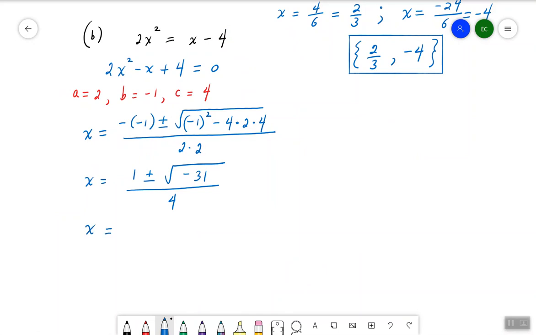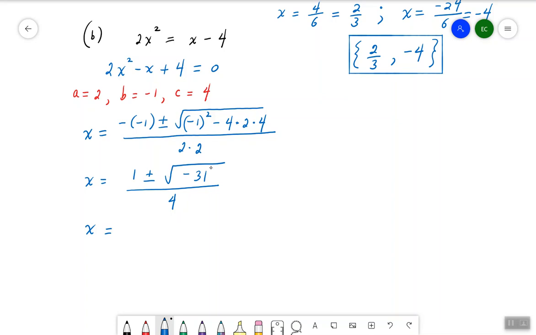And this is an interesting moment because now we have the square root of a negative number. Do you remember what to do with that? We learned in the previous section that for the square root of a negative number, we wind up with an imaginary number, or a non-real complex number.